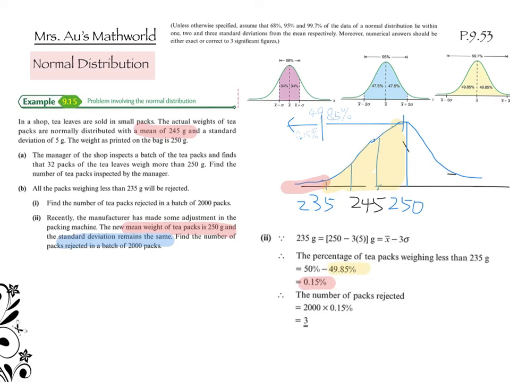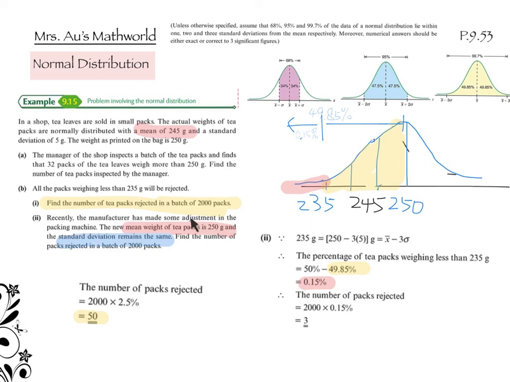Then just use 2000 to multiply here, originally 200. Multiply by 0.15%, it becomes 0.3. Compare with the answer of part B1, it is 2.5%, right?